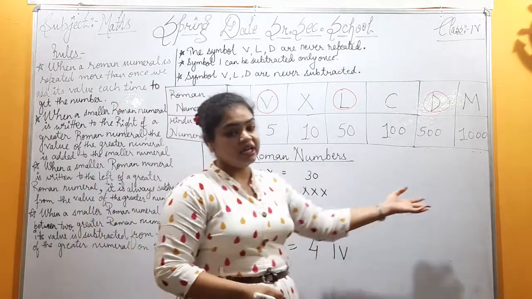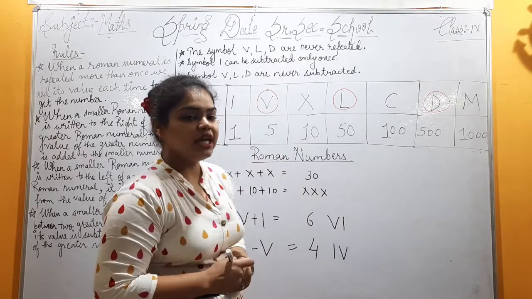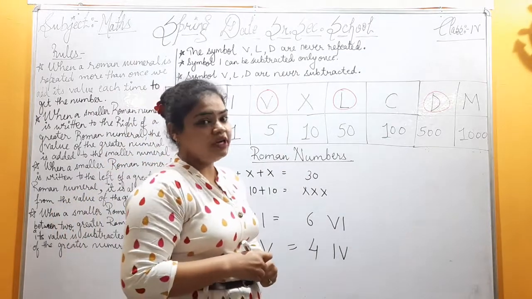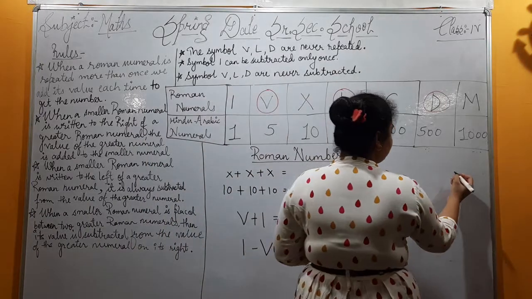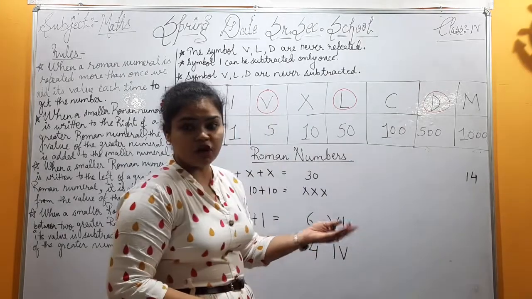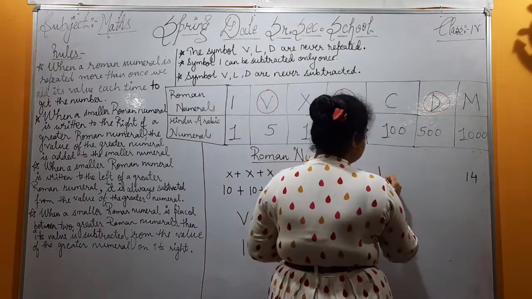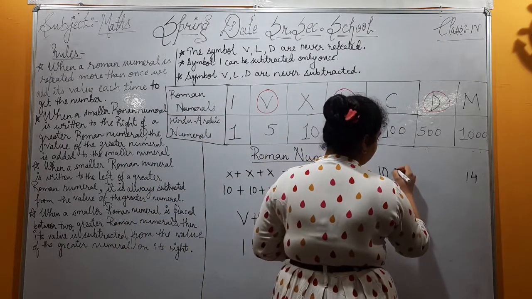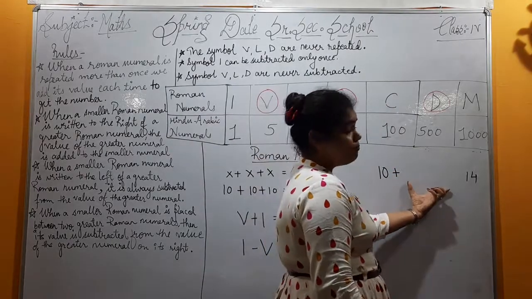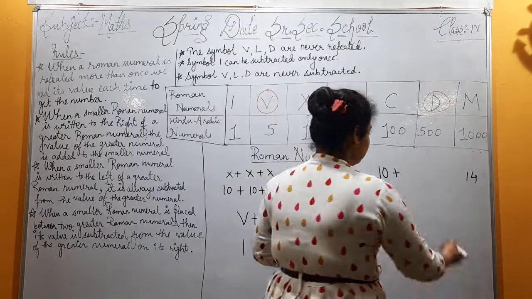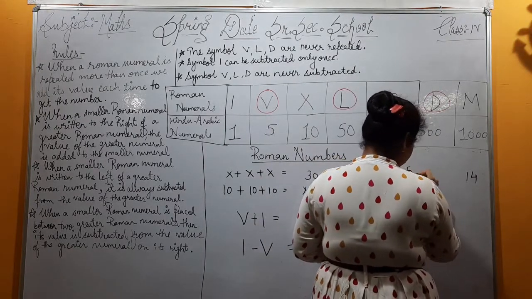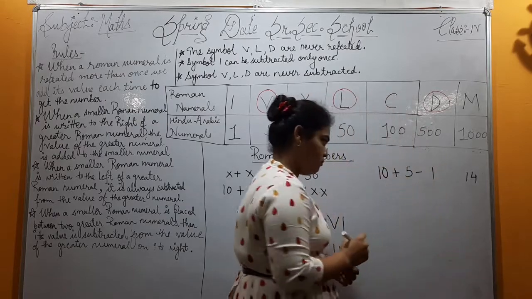That is from the right hand side. So, taking the example of 14, we have to make 14. For making 14, we will just write 10. Then a plus sign will come and we have to minus. So, we will write 5 minus 1.